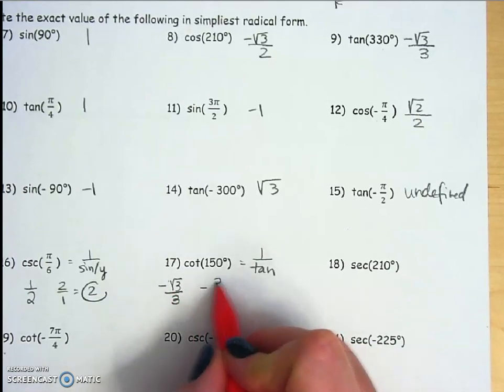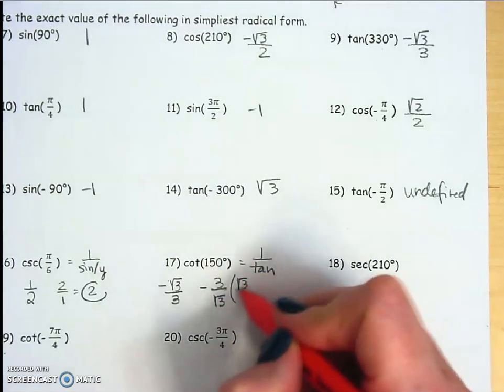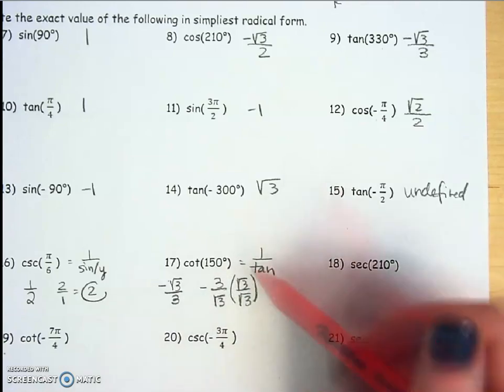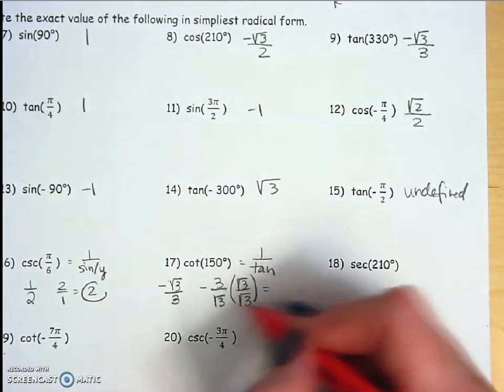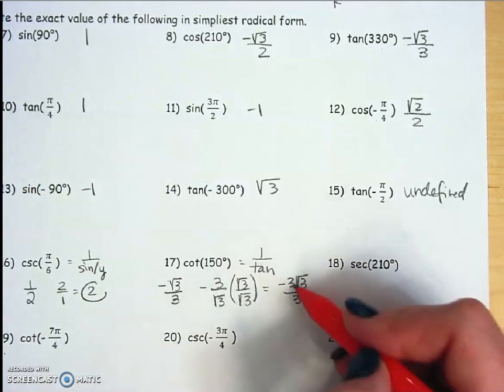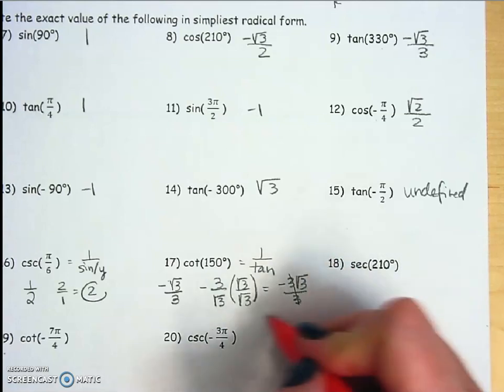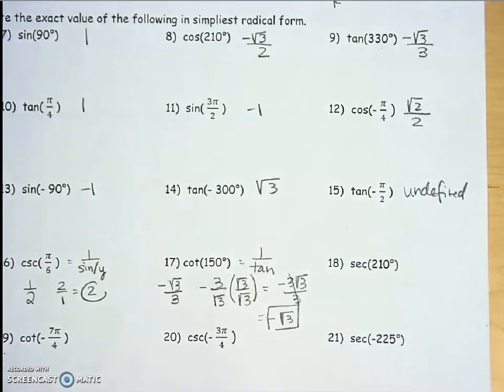So the reciprocal is 3 over rad 3. We need to rationalize the denominator. Multiply the denominator by rad 3 and the numerator. Multiply numerators, denominators, and we get negative rad 3 over 3. This 3 over 3 simplifies to 1, so my final answer is negative rad 3.